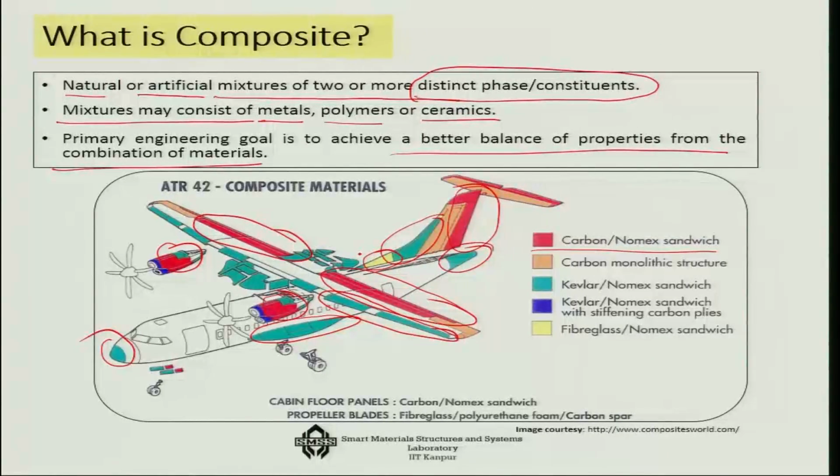That is of course a low performance one, hence it is not used much, but it is getting increasingly used. Thus you can see all these composites are used at various places in today's aircraft, and in some aircraft as much as 60% of the aircraft structure is replaced by composite materials.